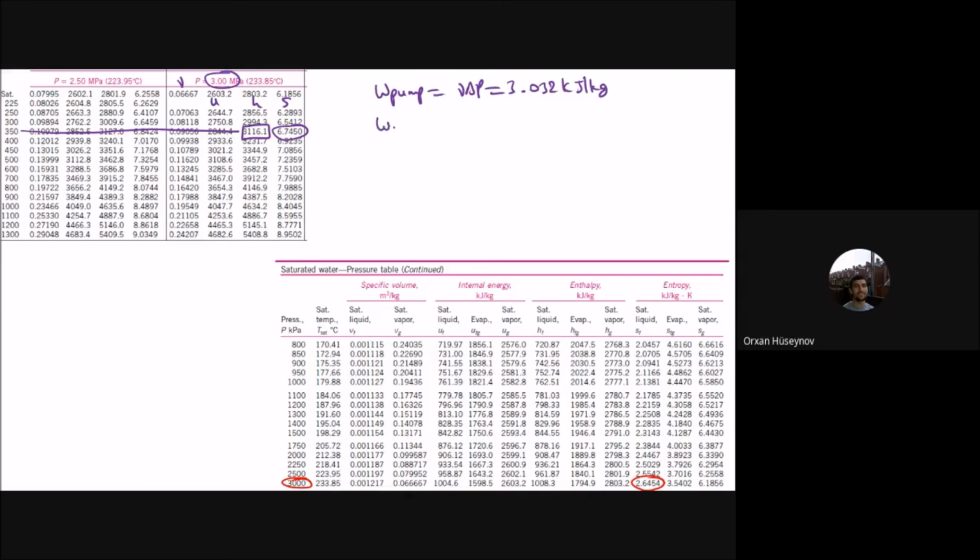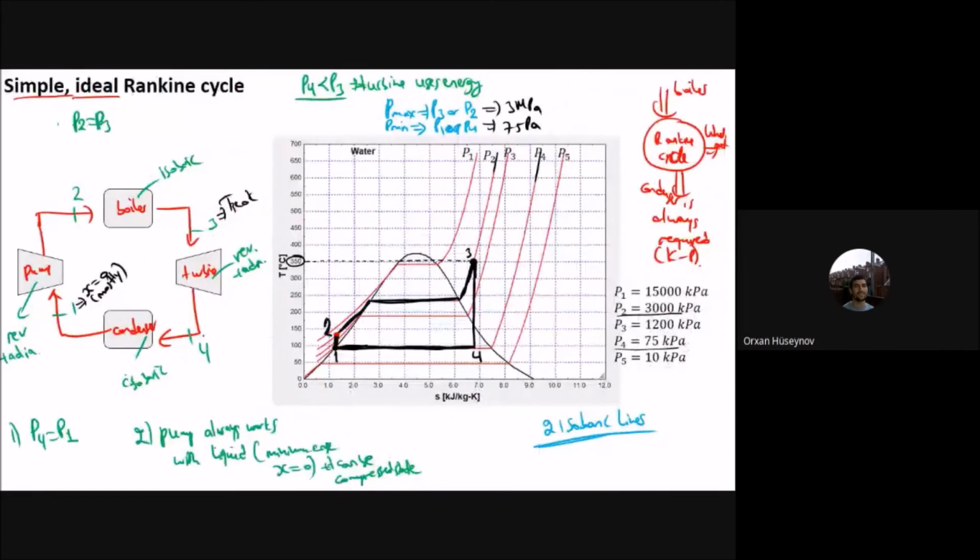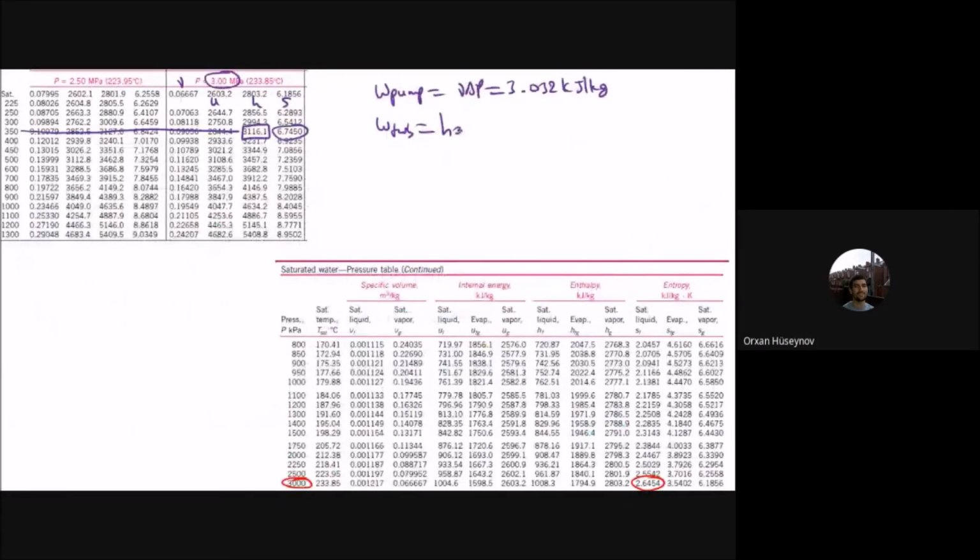And the work of the turbine will be, if you go to the graph here, H3 minus H4. That value will be 712.7 kilojoules per kilogram.